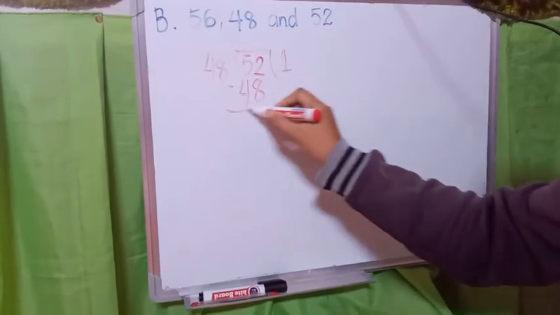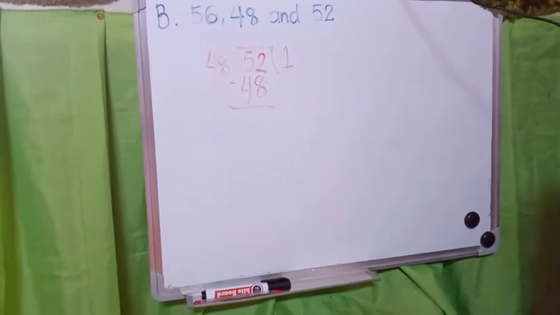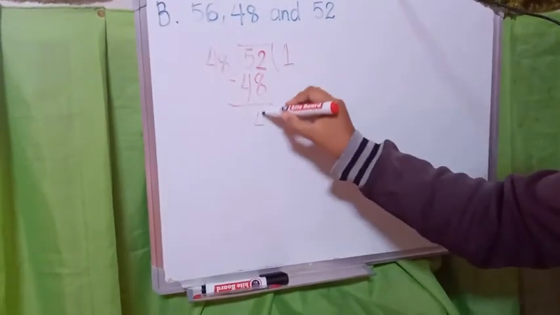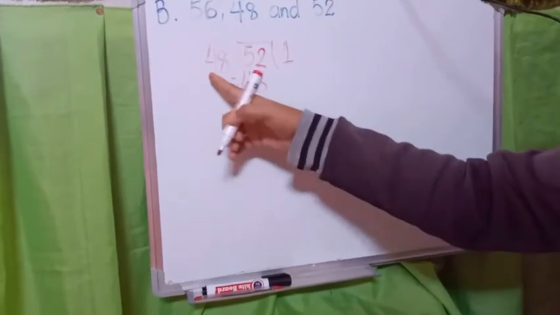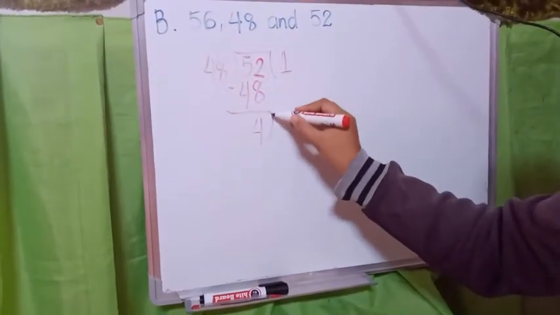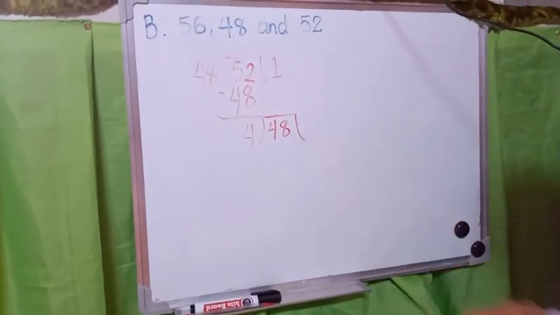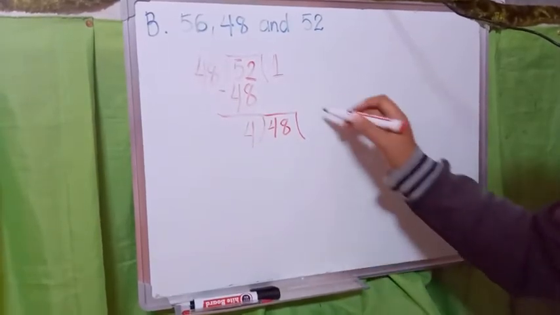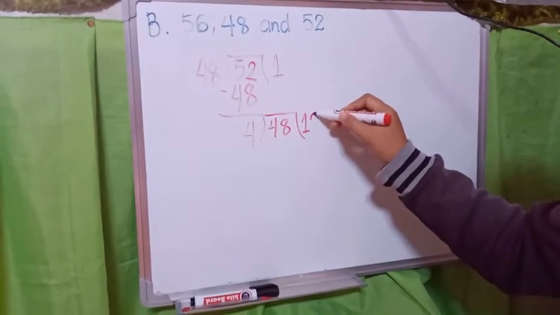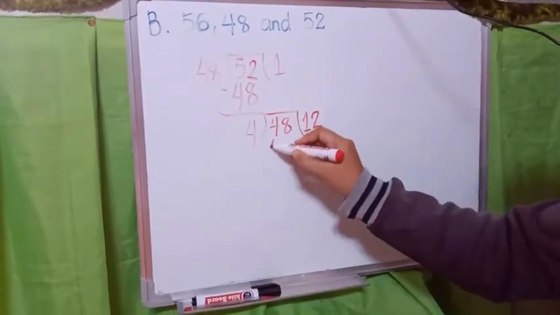So we need to subtract it. 52 minus 48 is 4. Your remainder becomes your new divisor and your dividend would be 48. So 48 divided by 4 is 12. 12 times 4 is 48.